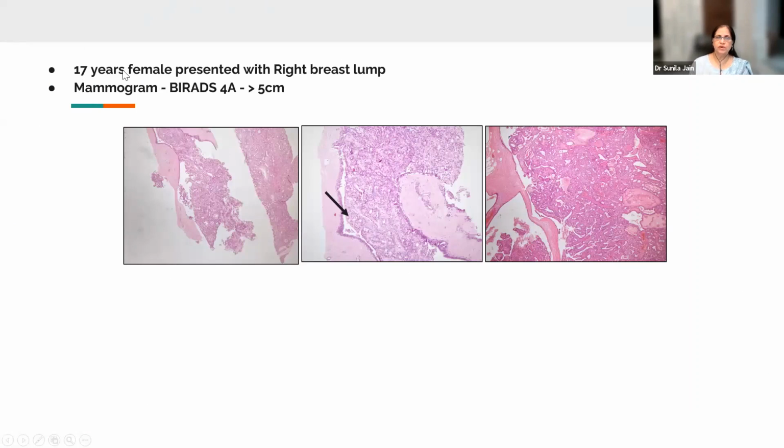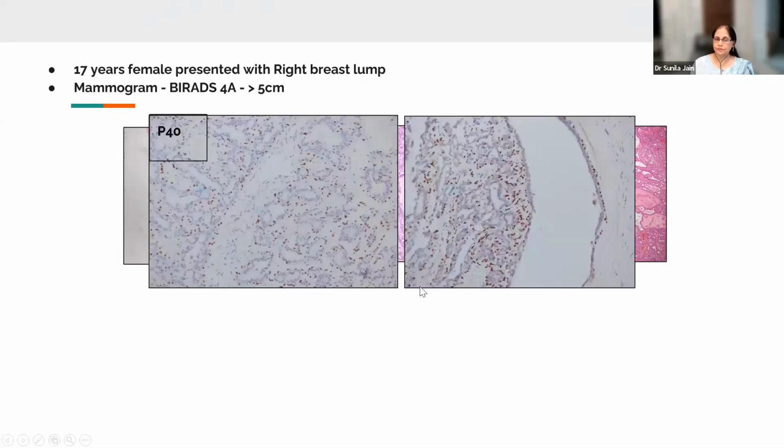This is one case which we received of a 17-year-old female with a palpable breast lump, which was big in size. It was BI-RADS 4A. We can see these fronds of papillary lesion. This is a duct around it, and we can see this papillary pattern. There was no atypia. These are the markers we did, and we can see that the markers are present within the lesion as well as at the interface.